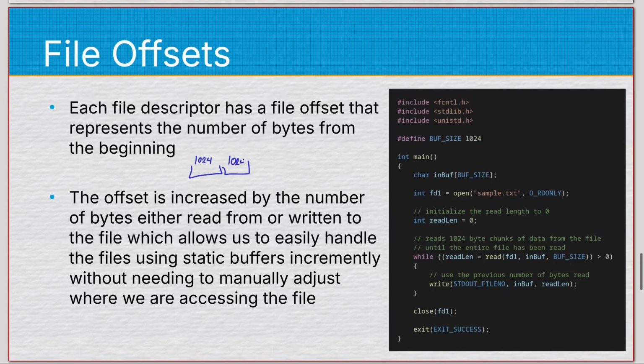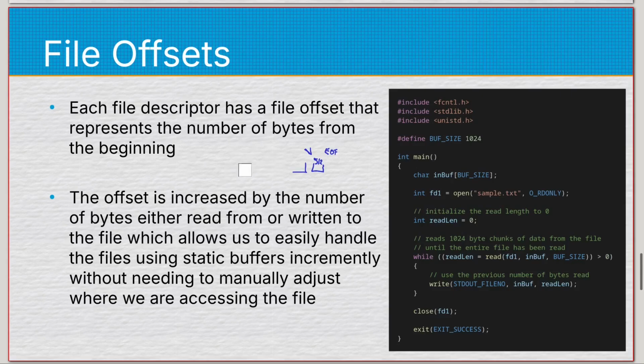Now you're reading the next 1024 chunk, and you'll continue to do this over and over until eventually, let's say this is only 512, and you get to the end of the file, so EOF essentially, and that would be where that stops. But that file offset is automatically incremented over and over. And the same thing happens with write. If I need to write multiple buffers, then I will write and the offset will be automatically increased to the end of that point.